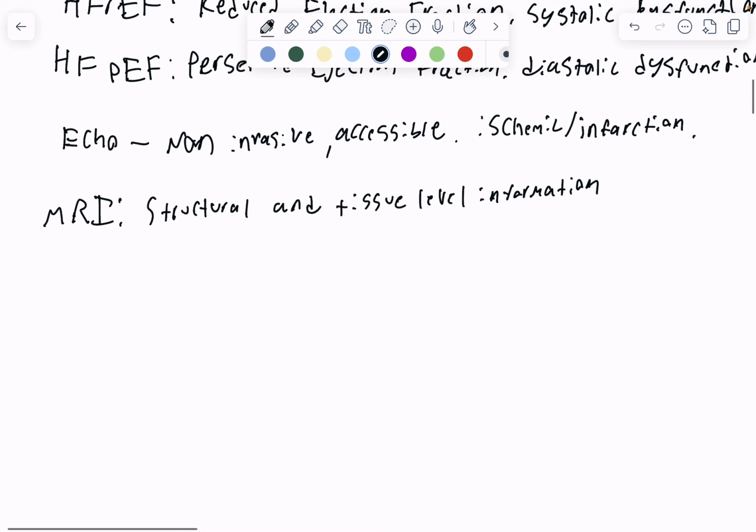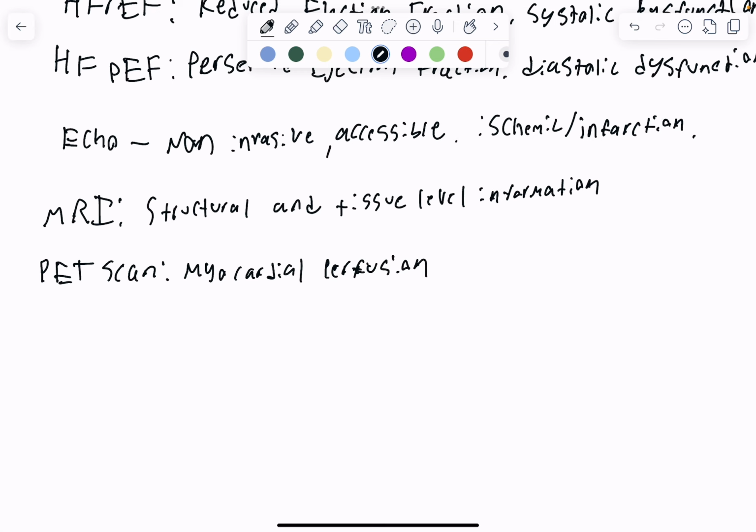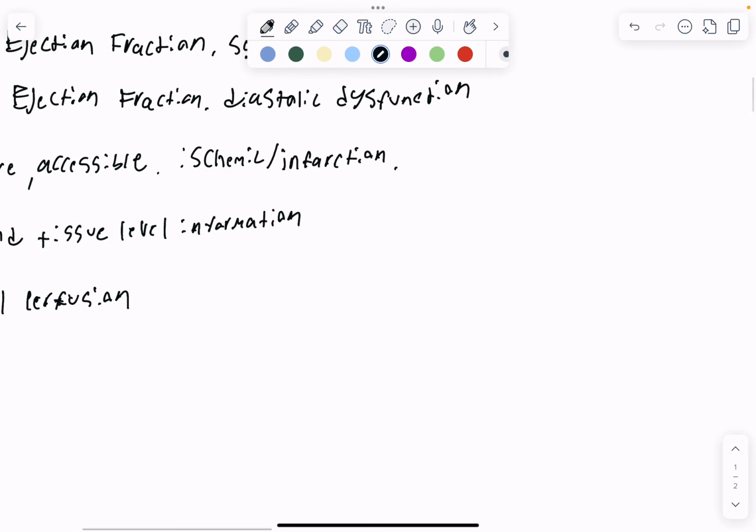Okay, the next modality is a PET scan. This one does use radiation, so that would be one of the few possible things to look out for. And it would actually evaluate myocardial perfusion, to detect ischemia, and that would be likely a cause of HFrEF.